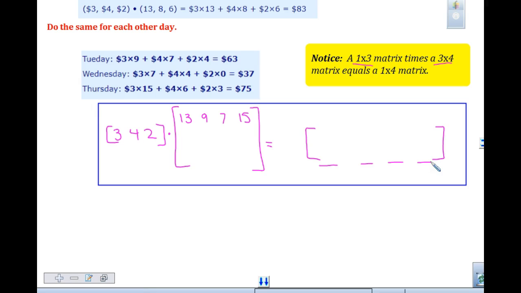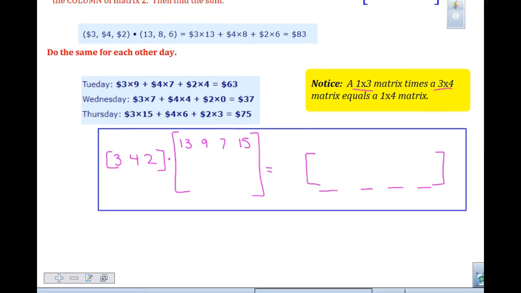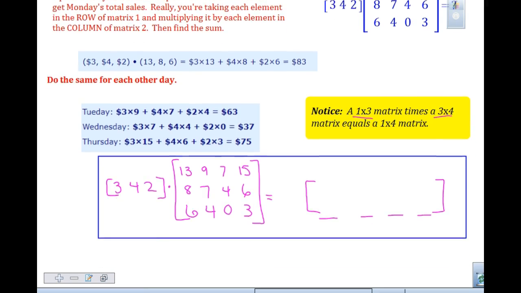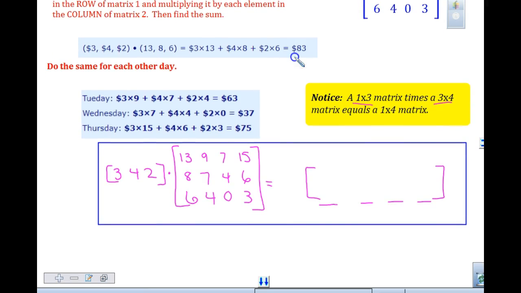So we want to fill in the rest of these numbers from up above, and then we're going to do this one together. So we had 8, 7, 4, 6, 6, 4, 0, 3. When I was doing mine, this 83, that's this first one.